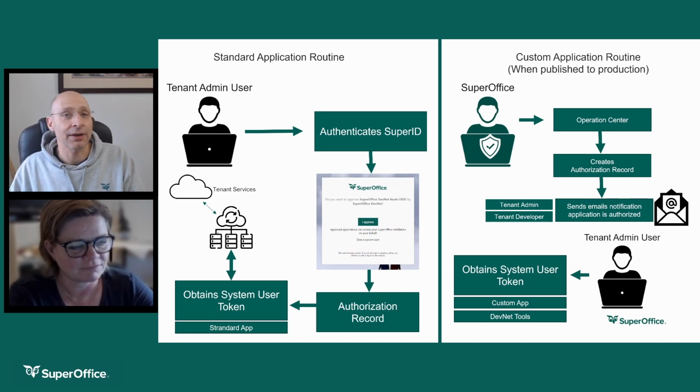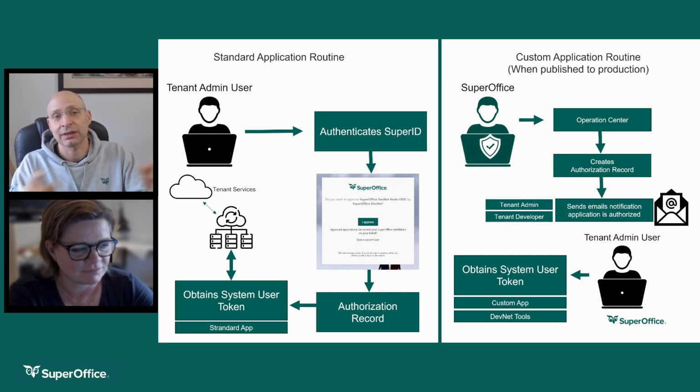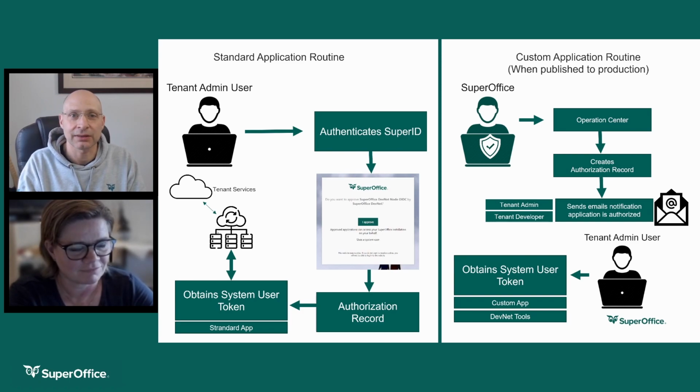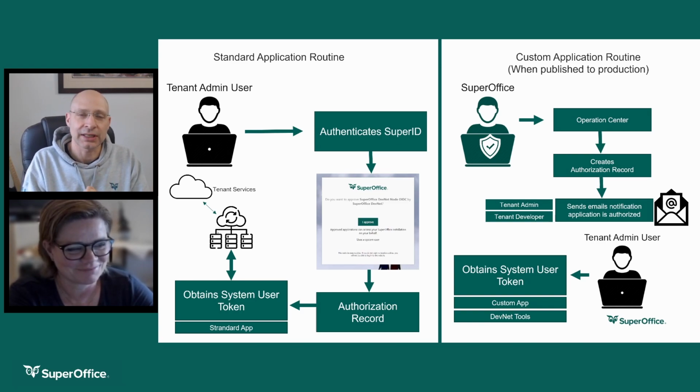Behind the scenes, that created an authorization record inside the Operations Center, which created the contract between that tenant admin user and that application. It generated and stored a system user token, this magic string, and sent that back to me in the JWT as a claim. So then I extracted that system user token claim, which I actually scraped from the DevNet-Tools website profile page, and saved that in my Notepad database for using later.